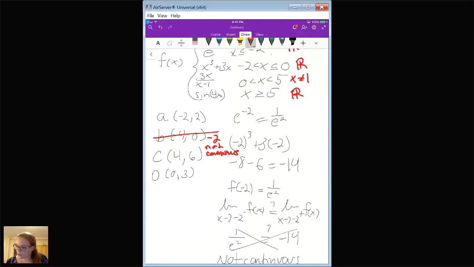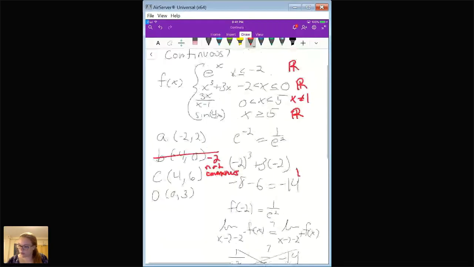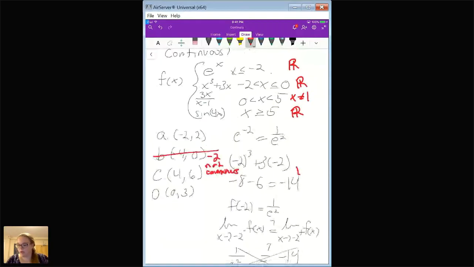Okay, so what about between our functions x cubed plus 3x and 3x over x minus 1? What point do we have to test between those two to see if they connect? What x value? Okay, 0. Okay, great. What is, well, f of 0 we know.